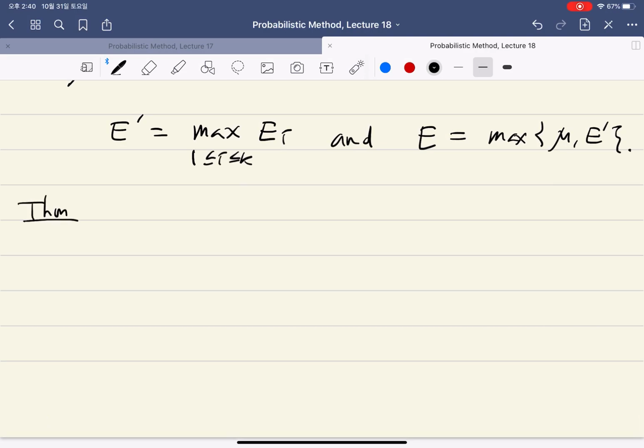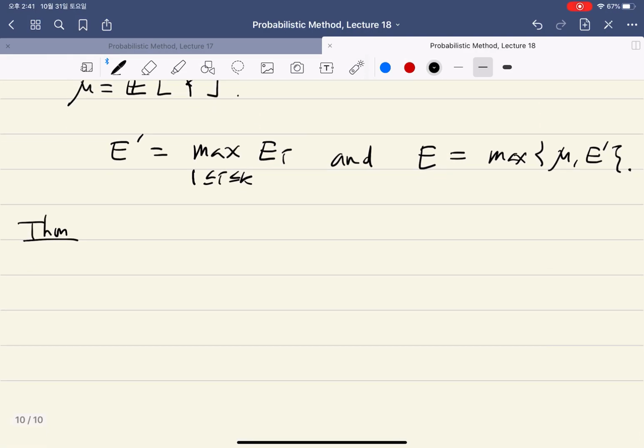Then, the Kim-Vu polynomial concentration says that with the above setup, and let's say a_k is some number depending on k, which is not so important, and t_k is also some number.